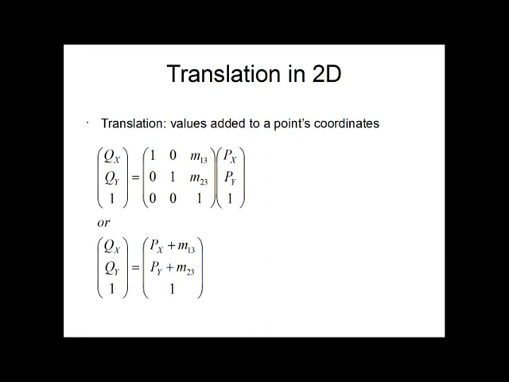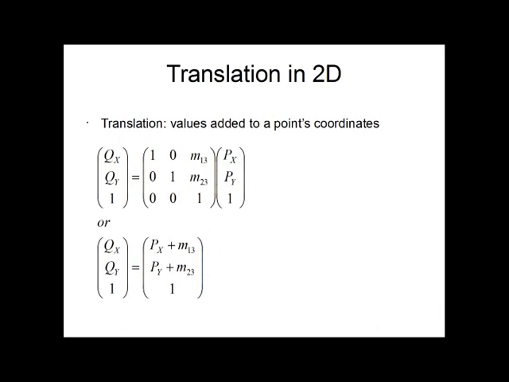Translation in 2 dimensions is done by setting up a 3x3 matrix that is a unit matrix, apart from the fact that the last column is basically viewed as a translation point. So m13 is basically the translation in x, m23 is the translation in y.